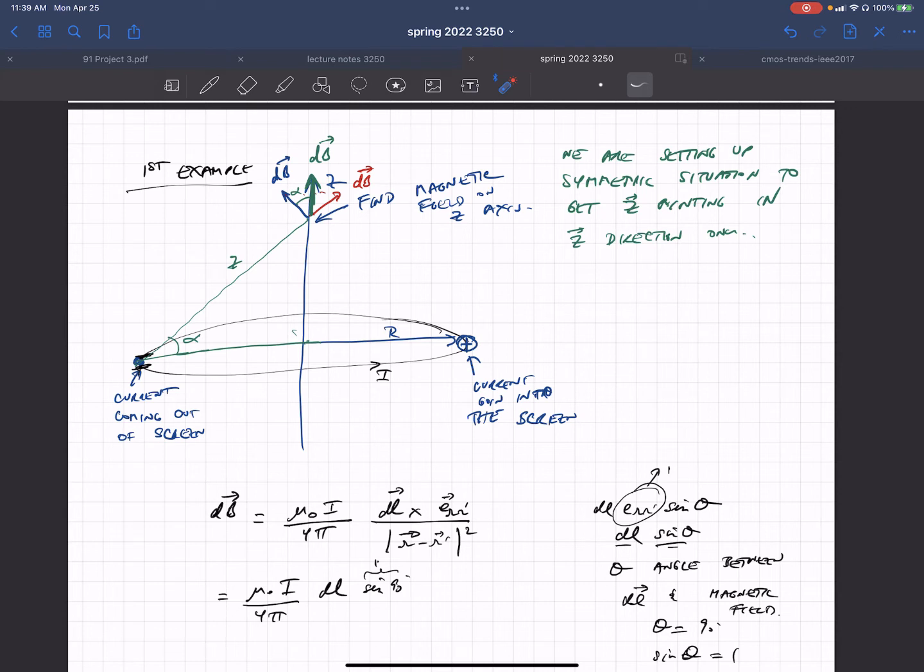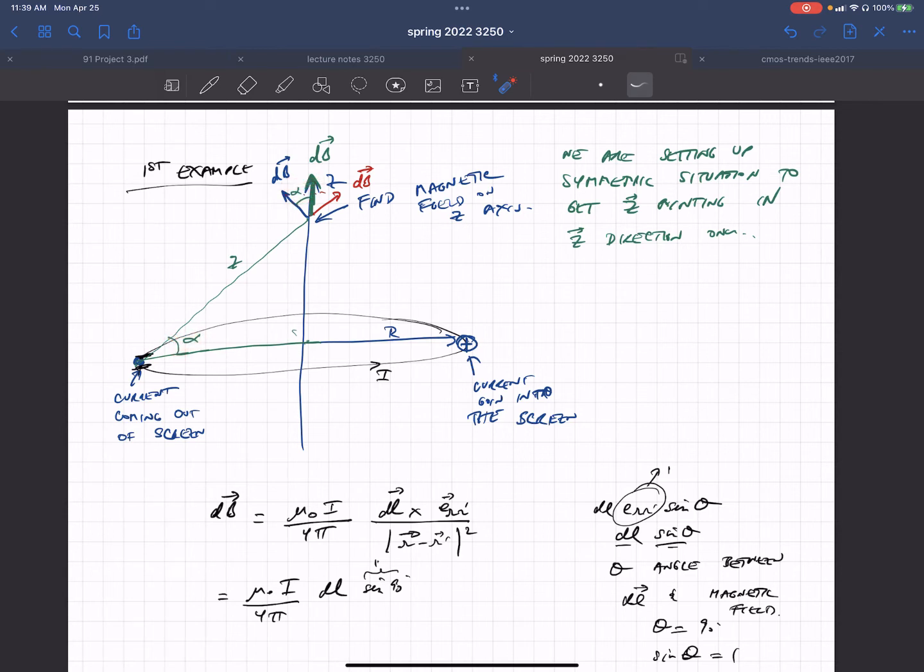So this line is going to be perpendicular to this guy, and the z-axis is going to be perpendicular to this guy. So basically this alpha and this alpha are the same. So I want to figure out this alpha.